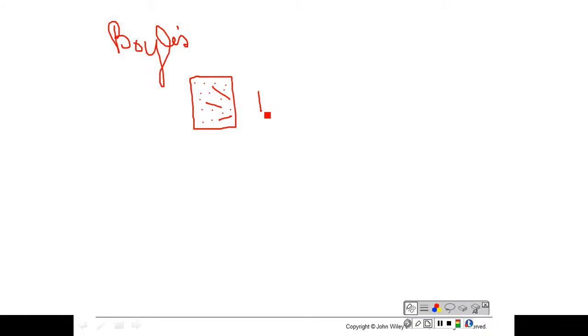Well, if we were to put 15 air molecules in this space. Whoops, it's kind of messed up, but just imagine there's 15 there. This has a higher pressure.